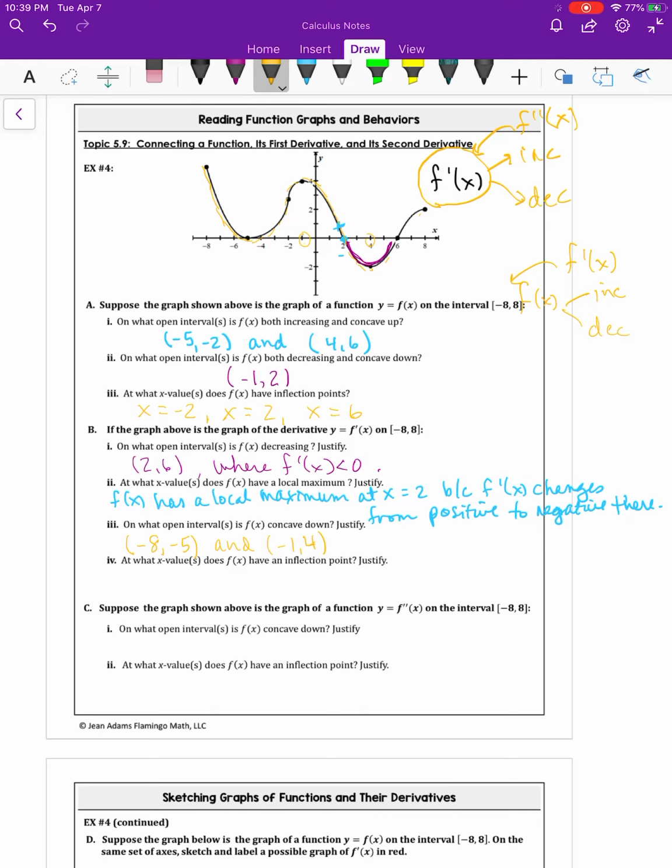Every time you take a derivative, that derivative tells you whether the one right before it is increasing or decreasing, depending on whether it's positive or negative. A positive second derivative means your f prime is increasing. A negative second derivative tells us your f prime is decreasing. So we're going to use as our justification that f of x is concave down where f prime of x is decreasing.